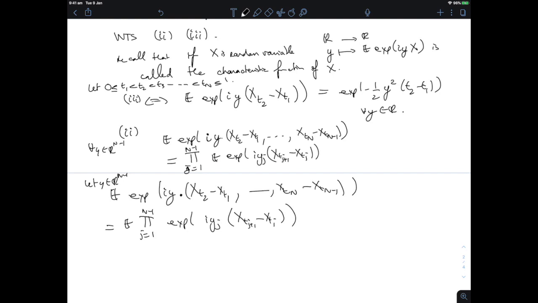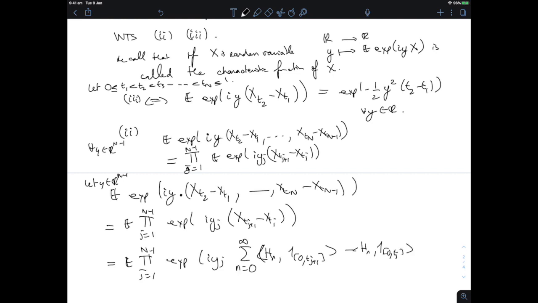But what is this? Well, let's rewrite this expectation. Let's rewrite our candidate Brownian motion as a sum of IID Gaussians, and independence is coming up here. It's the sum for n equals 0 to infinity of the inner product of H_n with the indicator function of [0, t_(j+1)], minus H_n with the indicator function of [0, t_j], times Z_n. Okay, this can be simplified.